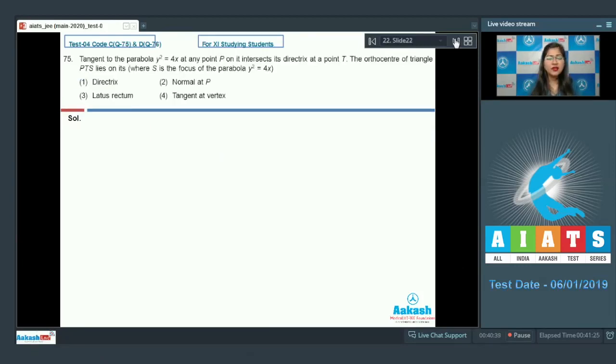Next is question number 75, that is, the tangent to the parabola y² = 4x at any point P on it intersects its directrix at a point T. The orthocenter of triangle PTS lies on its, where S is the focus of the parabola y² = 4x.